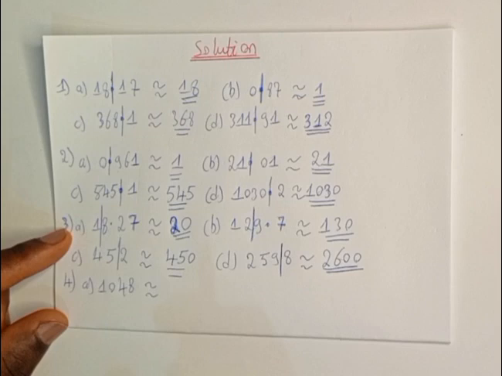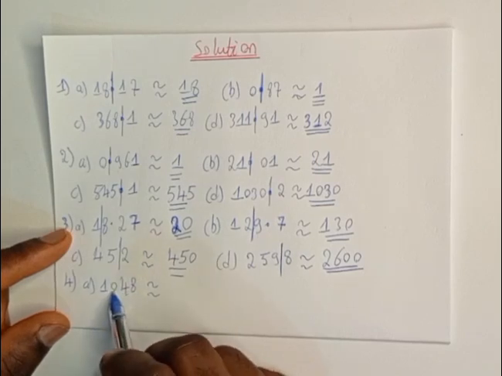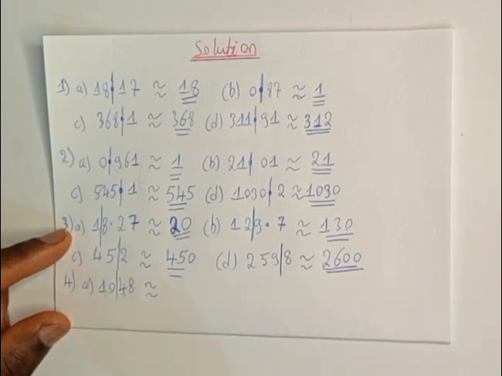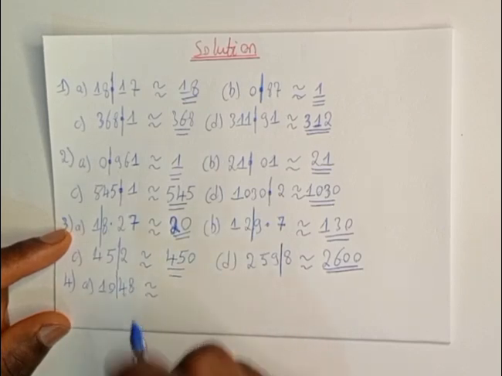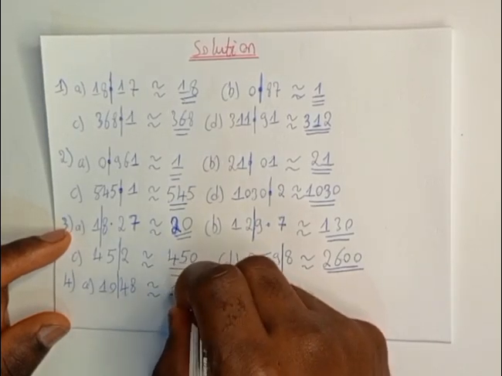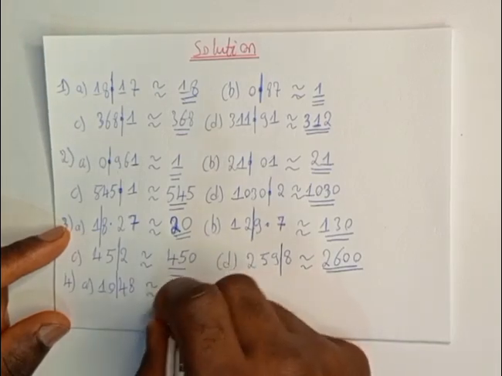First, we need to start by identifying the place values: units, tens, hundreds. We have to round off between the digits 0 and 4. 4 is less than 5. It is rounded down to 0. And we have to replace 4 with 0. We replace 8 with 0. This will be approximately 1000 to the nearest hundred.